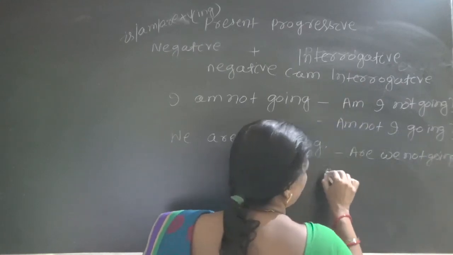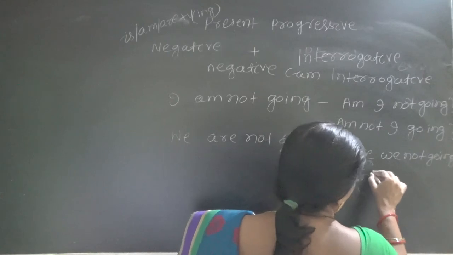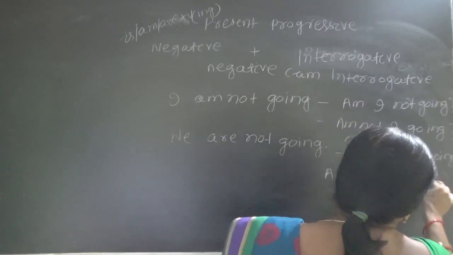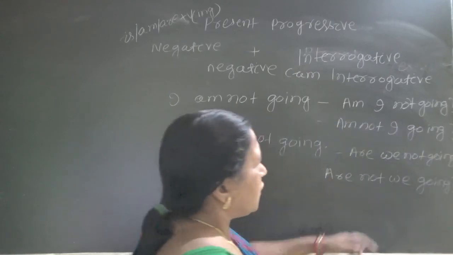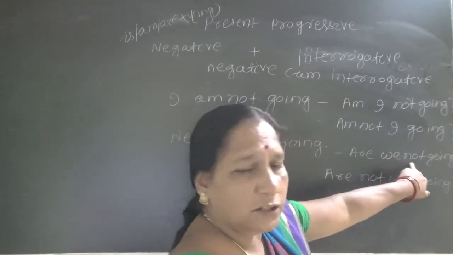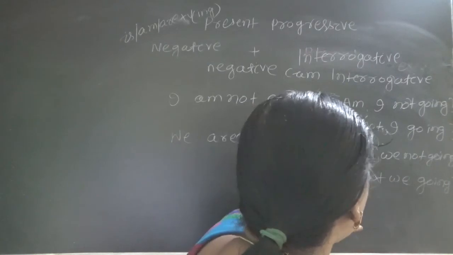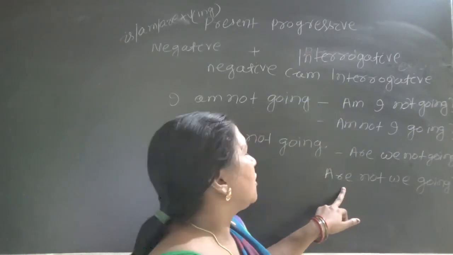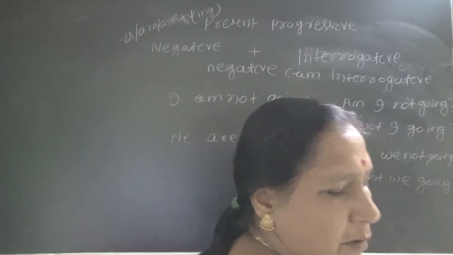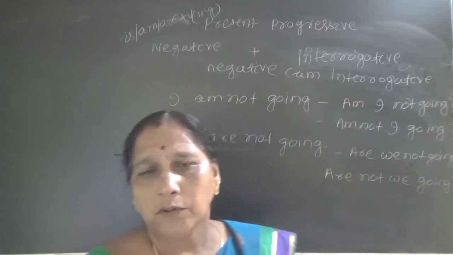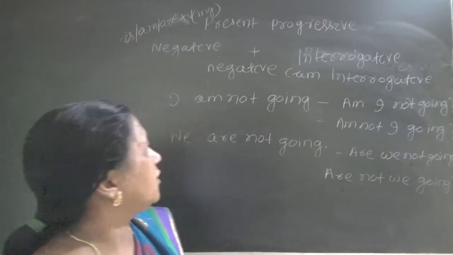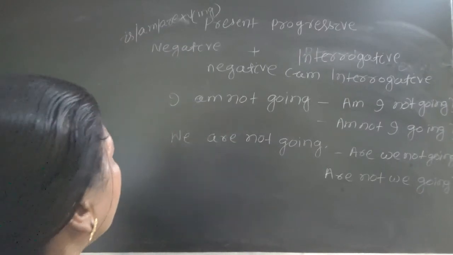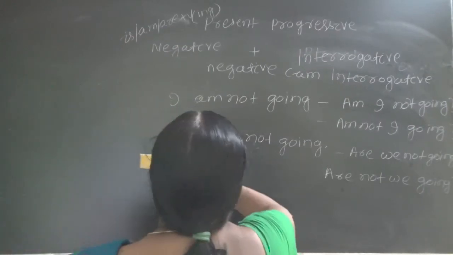Or are not we going? That means not will remain in its own place, or it may come to the auxiliary verb. In this way we can use negative with interrogative.